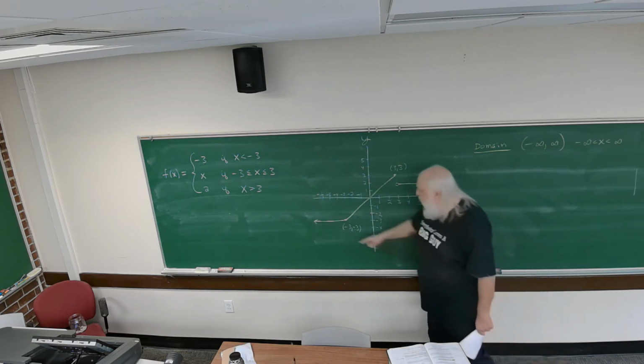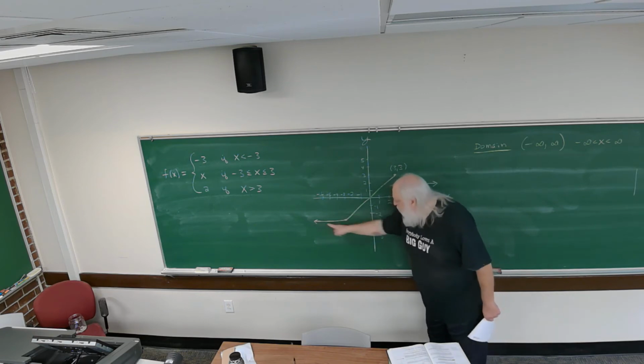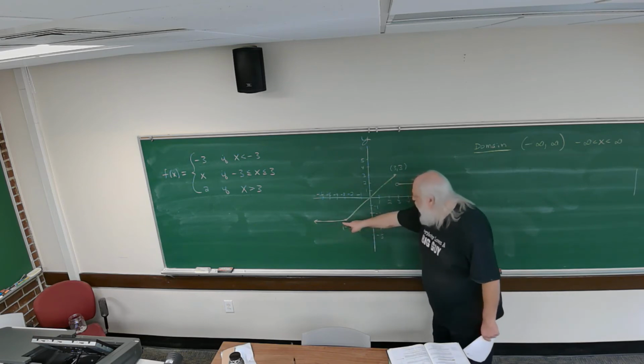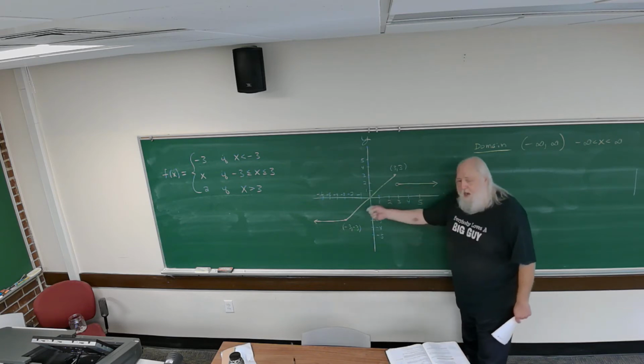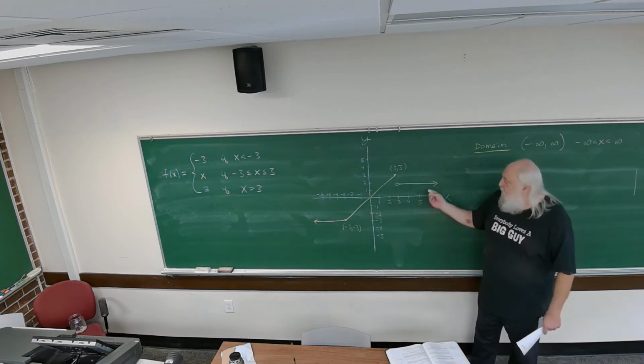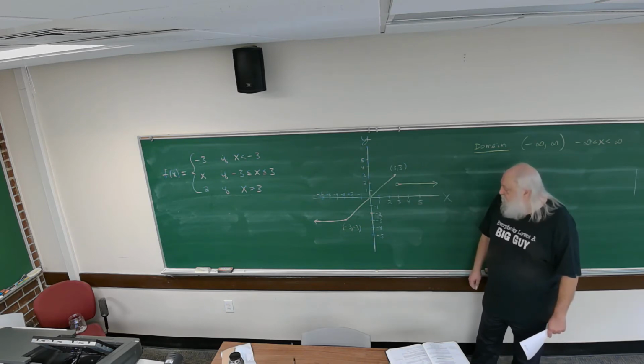And you can see that in our graph, right? It goes to the left forever, comes here and up to here, it's continuous. Then at x equals 3, it jumps down here to the open circle, and it's continuous. So for every value of x, there is a point on the graph with that x coordinate, okay?